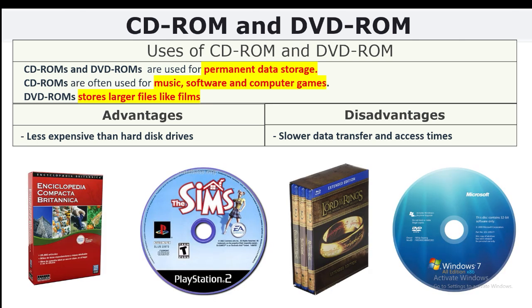Now, in time past, if you want to install, for example, an operating system, say Windows 7, you need a DVD-ROM. Okay, so this here has a software on it already, recorded on it already, and the only thing you can use it for is to install the operating system, and that is it.